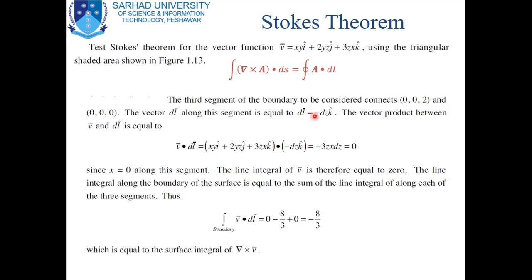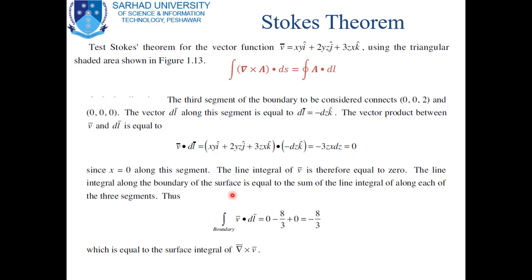Here only the z component is varying, so our length element will contain only dz, but here the direction is opposite to the positive z axis, and we will put a negative sign. After the dot product of dl with v, we will have minus 3zx dz. We put x equal to 0, and our v dot dl will equal 0. So there is no need to find the integral of this segment.